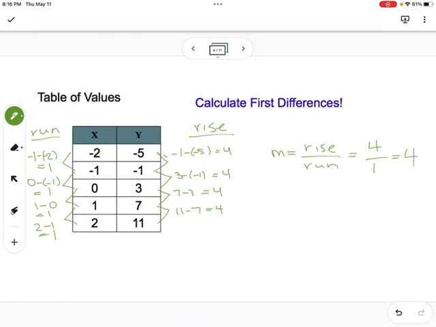If we wanted to make an equation, our y-intercept is when our x value is 0. When our x is 0, our y is 3, meaning our y-intercept is 3. So we can create an equation from there: y equals 4x plus 3. So that's looking at a linear model based on equations, graphs, and table of values.